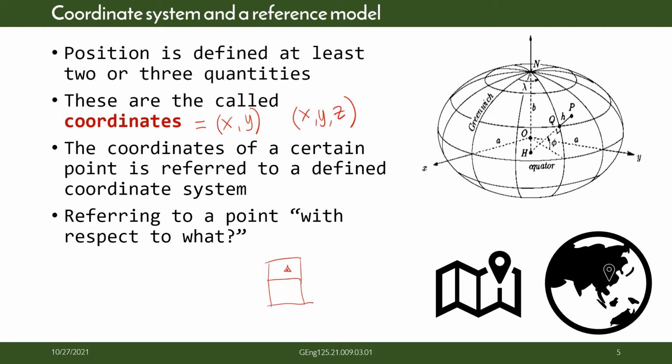This point has coordinates, let's say 10,000 by 23,000, northings, eastings. It has known coordinates, but with respect to what? It should be defined. Not only the coordinates, but where the coordinates are referred to. That's why we have what we call a coordinate system.